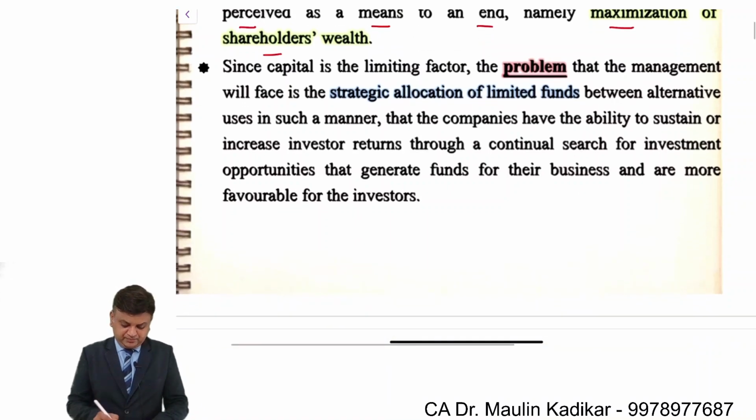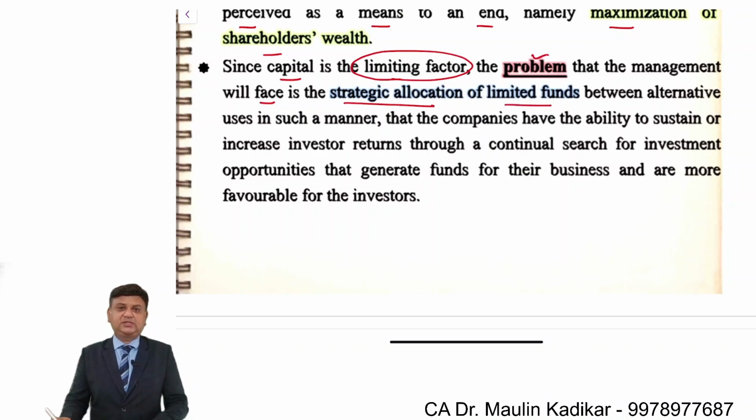Since capital is a limiting factor, the problem that management will face is the strategic allocation of the limited funds. Whatever funds you are going to get will be a limiting factor.